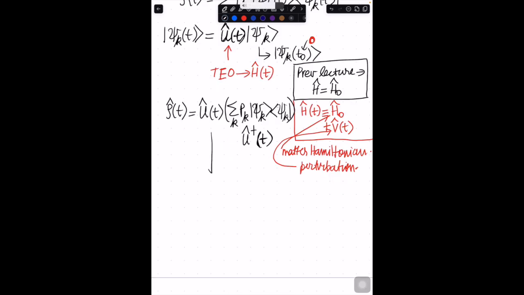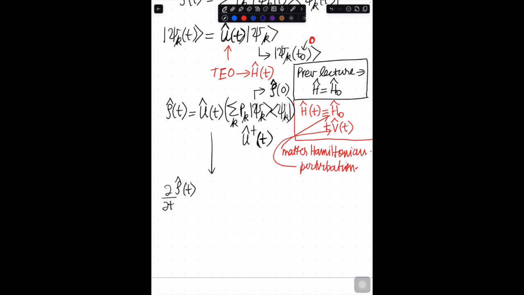So now we take a derivative of this equation. So dou by dou t of rho hat of t, and sorry, this would just be rho hat, which is time independent, the density operator at time zero. It can be written as just rho hat or rho hat at time zero, but we can just stick to rho hat.